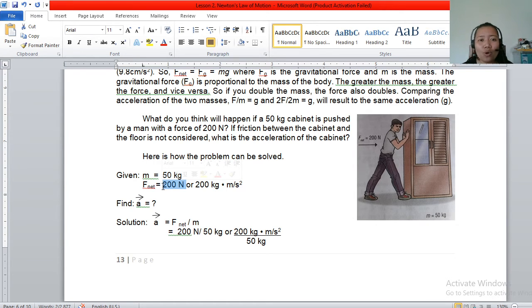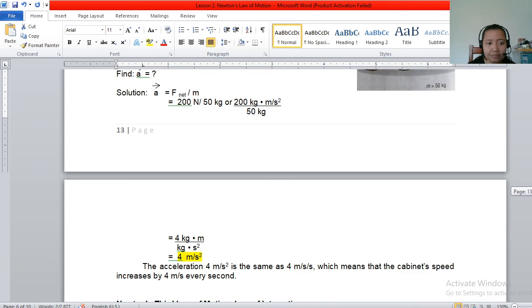So, what are we going to find out? It's the acceleration. So, we are going to use our formula: a is equal to F, the net force, over mass, or m. So, 200, we use this unit so that we can cancel later, divided by 50. The result is 4. So, cancel.